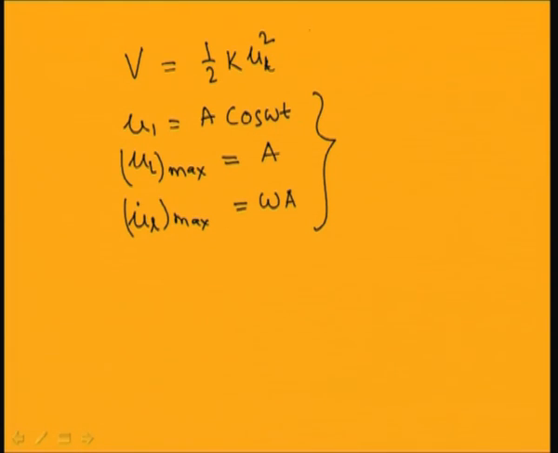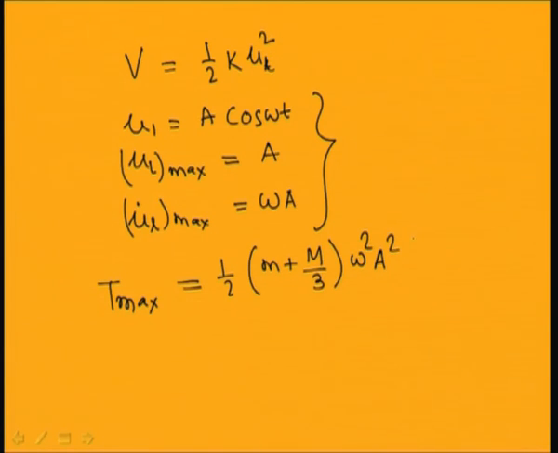So, by substituting these terms in the potential energy and kinetic energy, T max, the maximum kinetic energy, will be equal to half m plus capital M by 3 omega square A square.